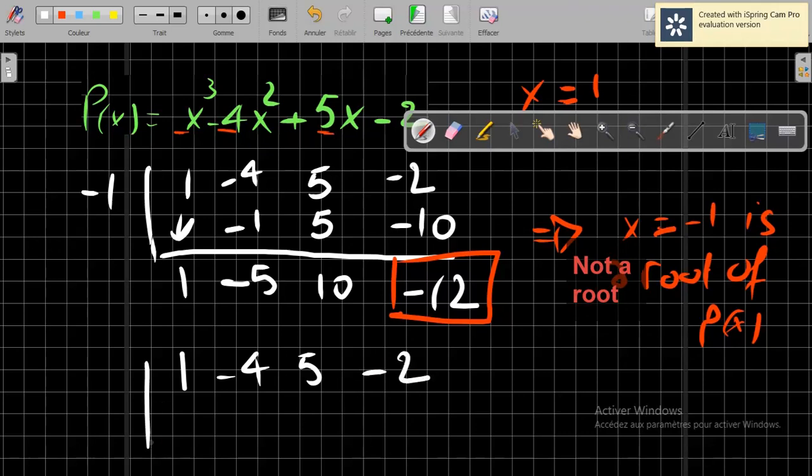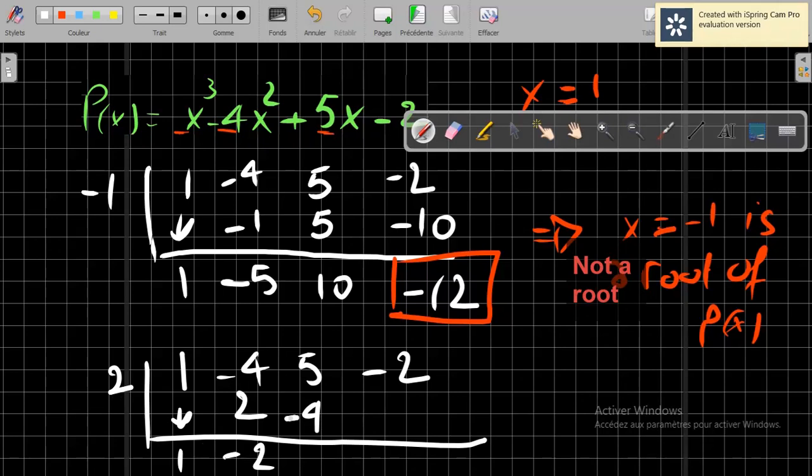Then I'll plug in 2, then I'll drop the 1, and I have 1 times 2 is equal to 2. Negative 4 plus 2 is equal to negative 2. Negative 2 times 2 is equal to negative 4, and negative 4 plus 5 is equal to 1, and 1 times 2 is equal to 2, then negative 2 plus 2 is equal to 0.